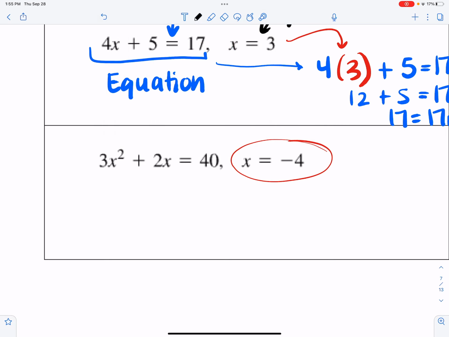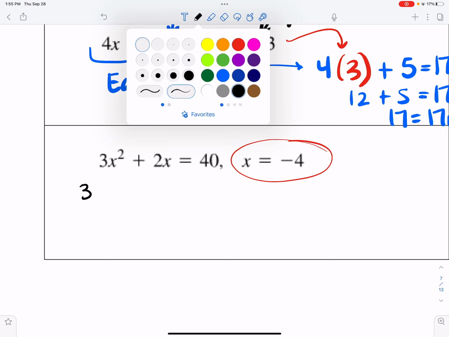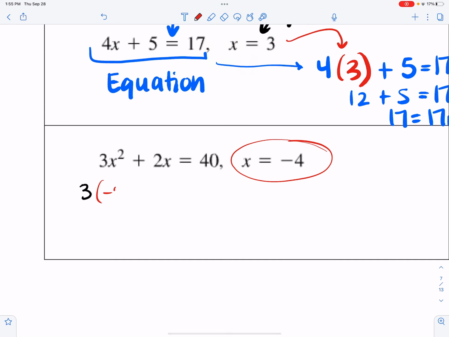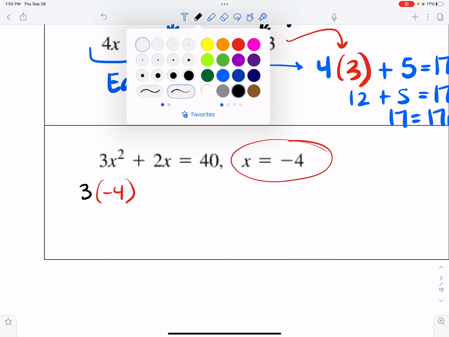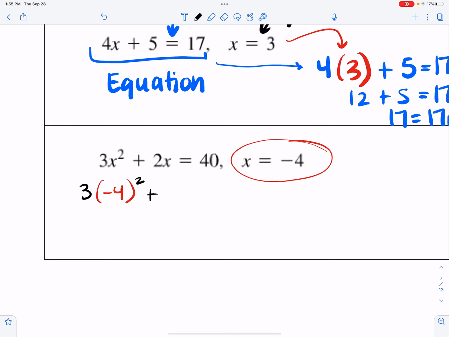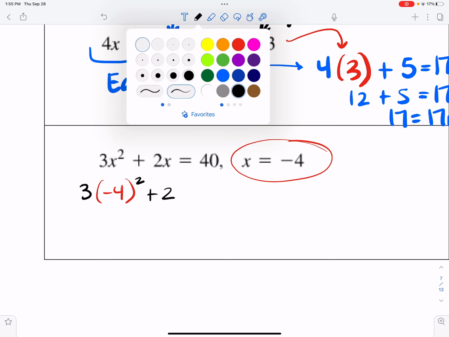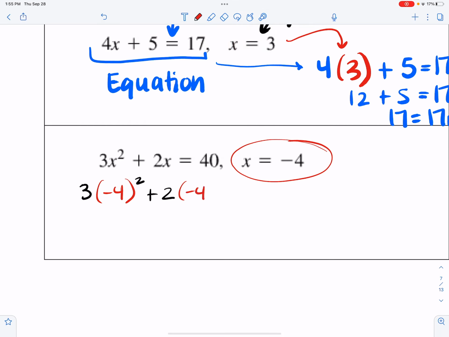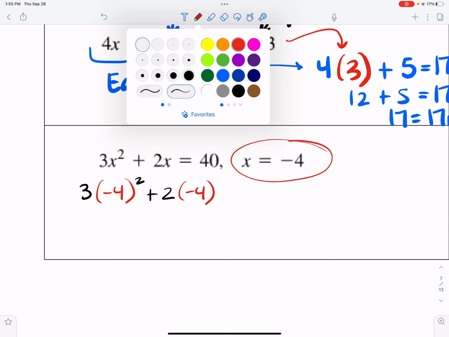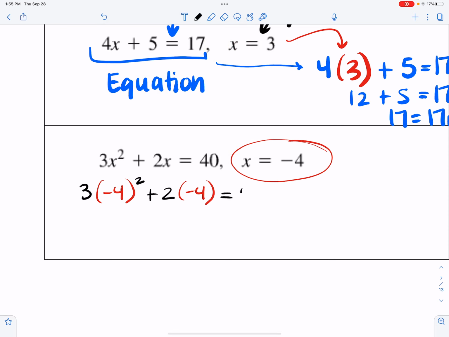So I've got 3, then x, which is -4, and that's squared, plus 2x, which is -4, and the equation says this is equal to 40.